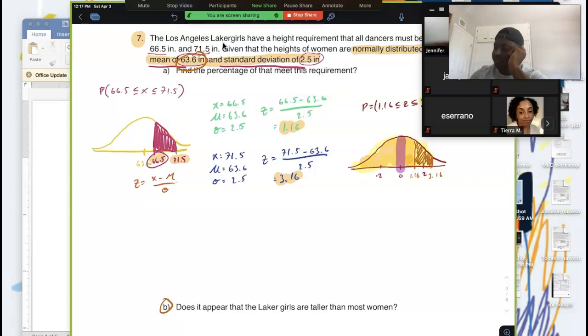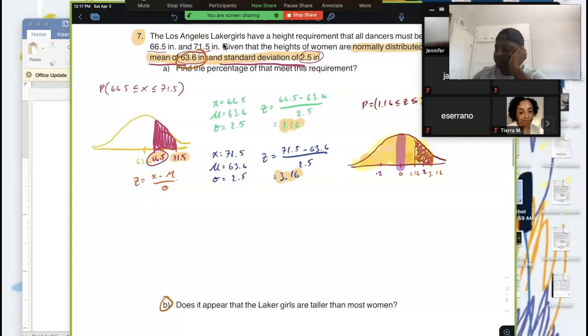But still, just the fact that all those women are above the mean, and there's only 12% of women that meet that criteria, will tell us that yes, it appears that they're taller than most.